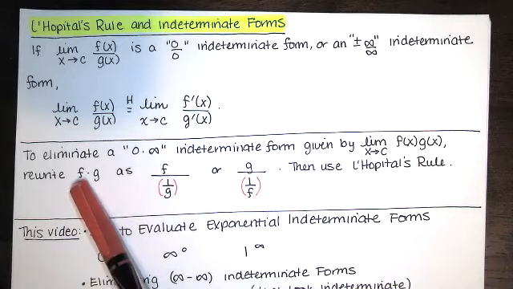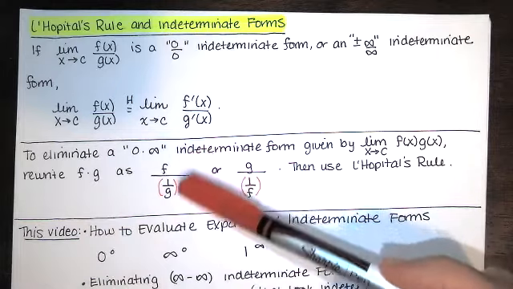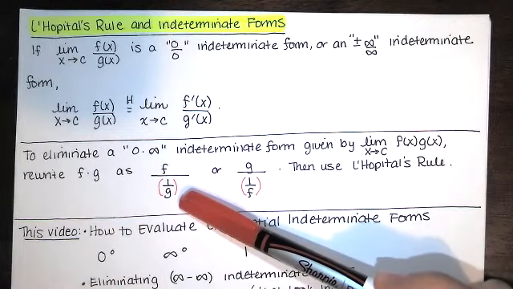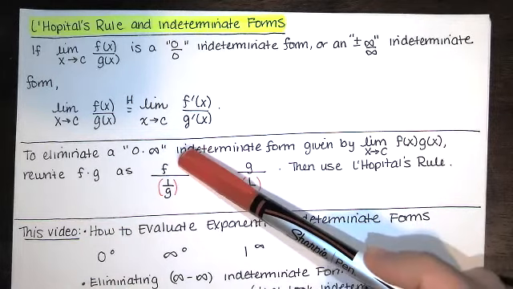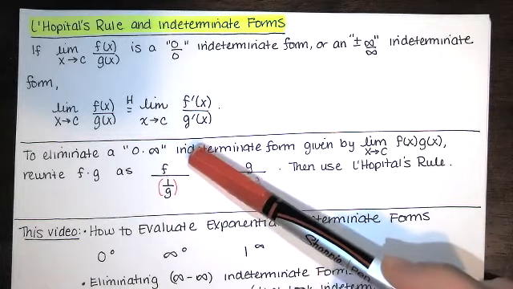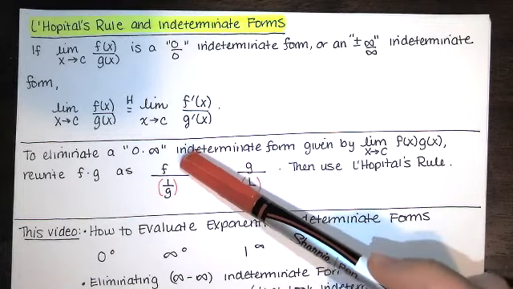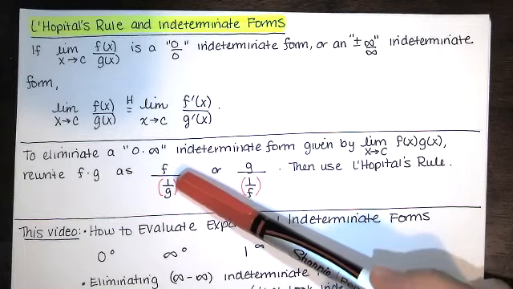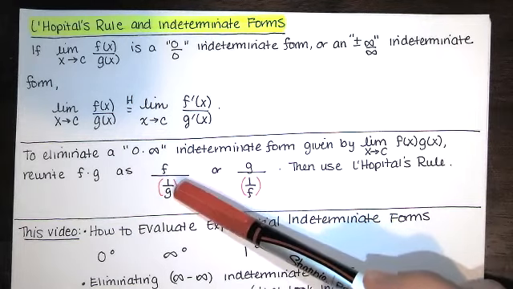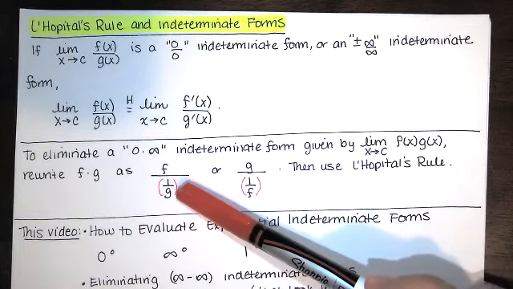And if this was an infinity times 0 indeterminate form before, when you write it this way, that'll be infinity over infinity. If f was approaching infinity and g was approaching 0, we get infinity over something, then this something is 1 over something very small, so that will approach infinity or negative infinity.